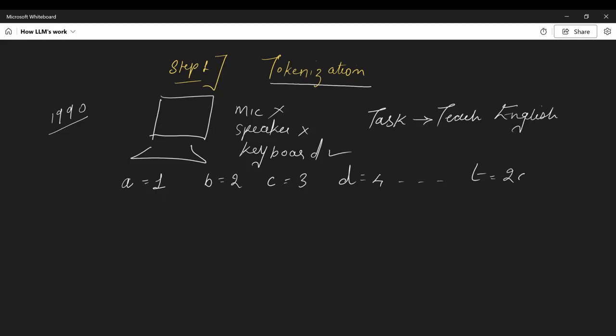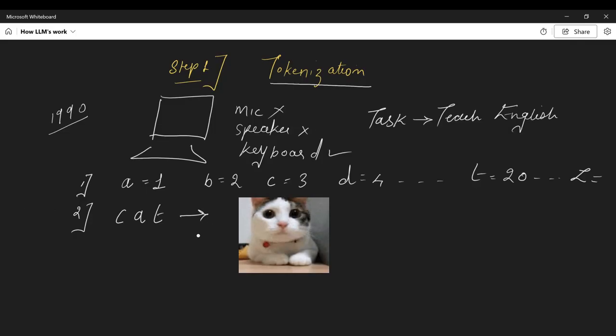For teaching the words to the computer, for example, you need to teach the word cat, which is C-A-T. You combine all those numbers which you have assigned above, like 3 for C, 1 for A, 20 for T, and make it as a word.